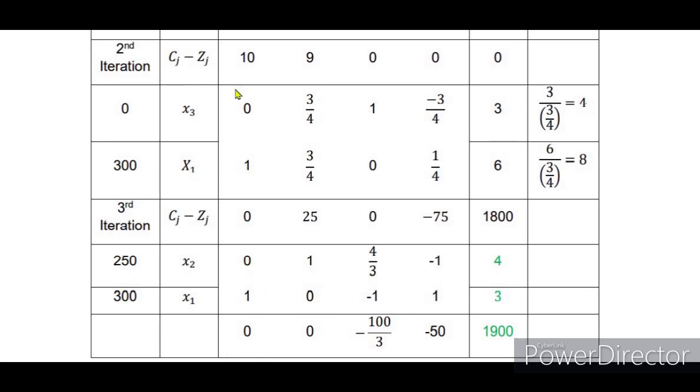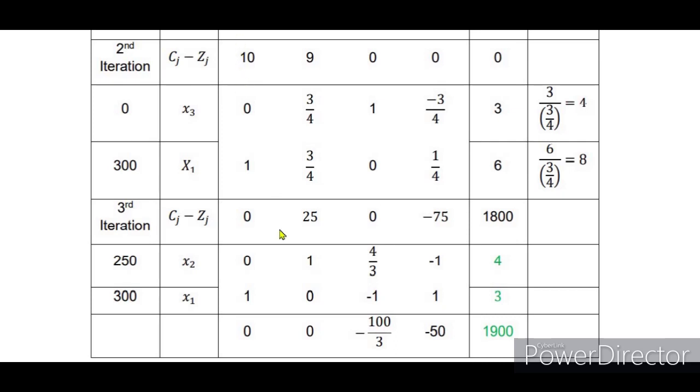So for the first column, 250 times 0 is equal to 0. So 300 times 1 is equal to 300. So 0 plus 300 is equal to 300. So we will just subtract. For this column, the value is 300.